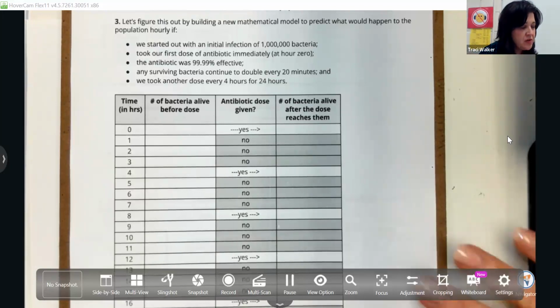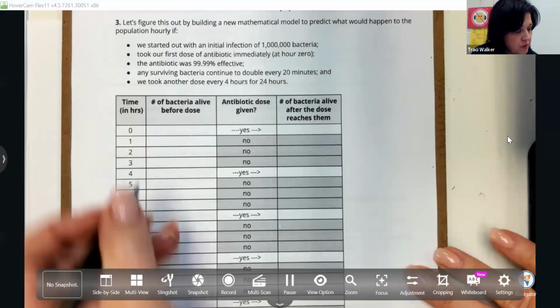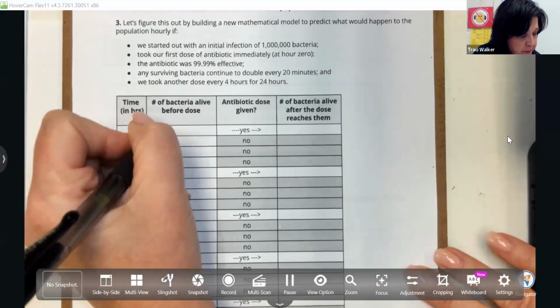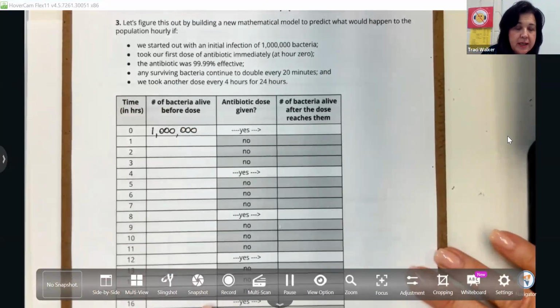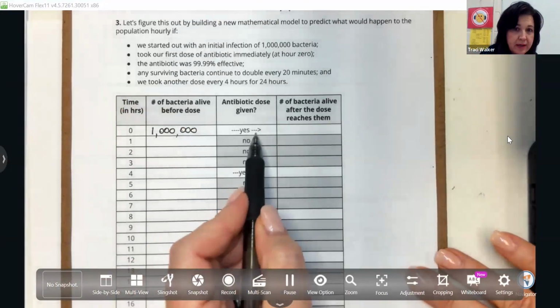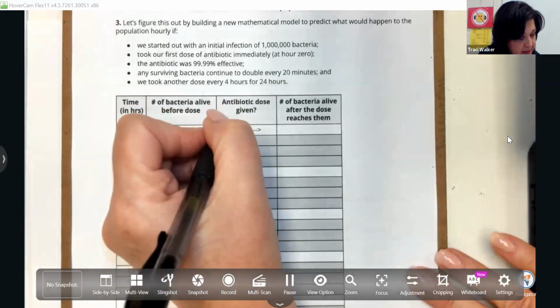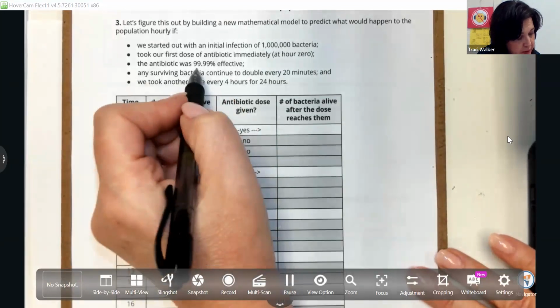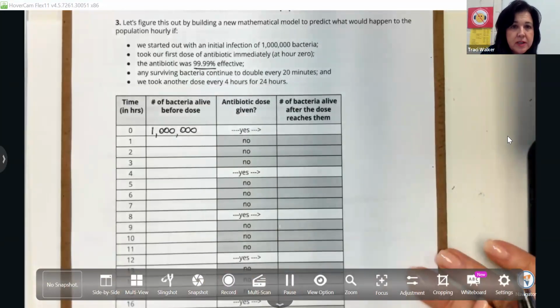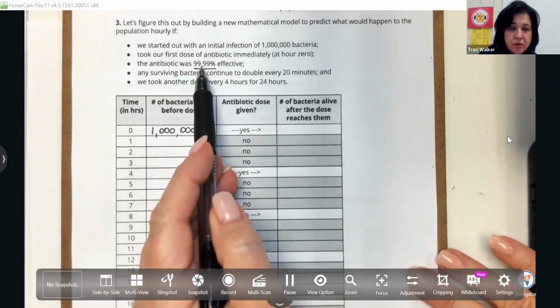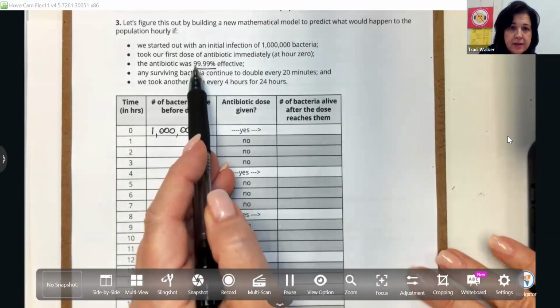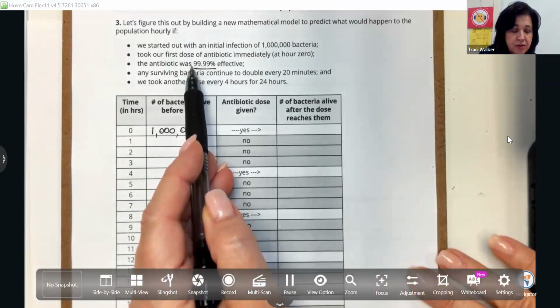Okay. So at 0 hours, we have 1 million bacteria. And we are going to take our antibiotic, and remember our antibiotic is 99.99% effective. Since this is a percentage, we're going to change it to a decimal by moving the decimal over 2 places to the left.